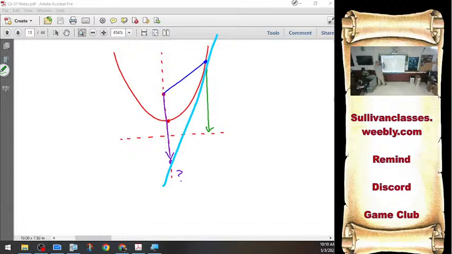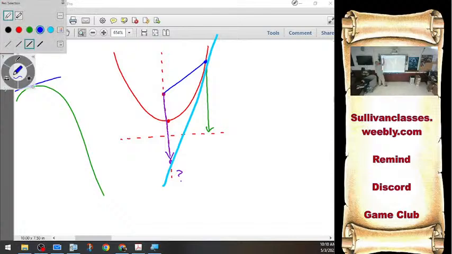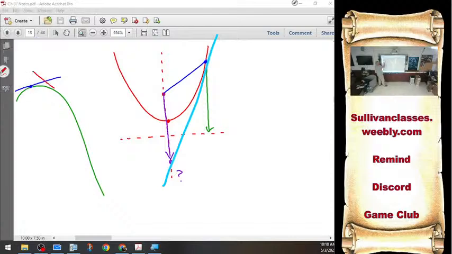A derivative is if I have a curve, I can't find one slope of this curve, because the slope at this point, a tangent line, is different than the slope at this point because it has a different tangent line.